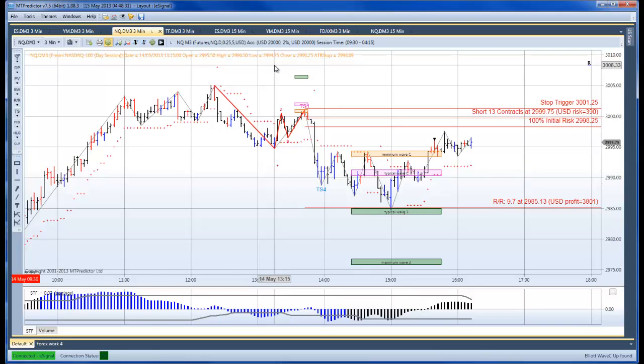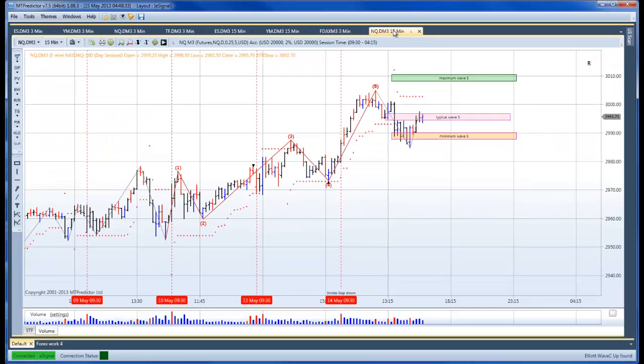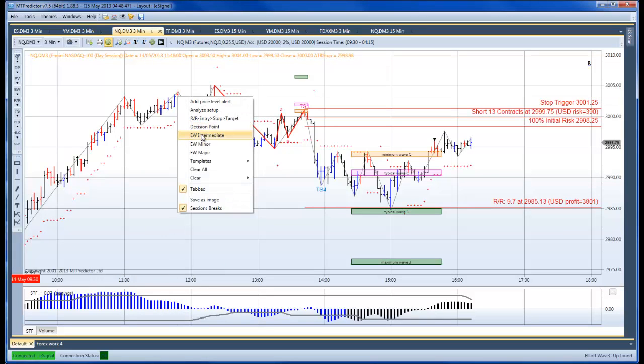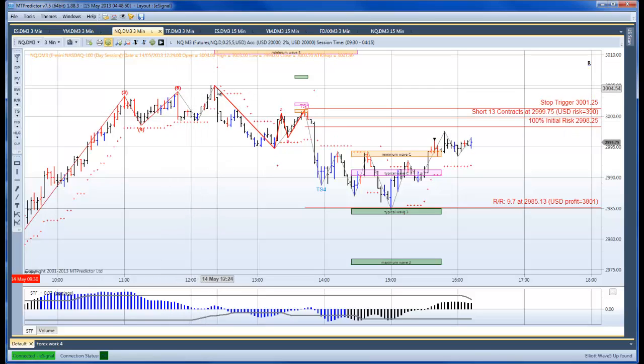But for those of you who are experienced, can you see how, because we were coming into a wave 5 high on the 15-minute chart, and then also that last swing up into the high, the wave 5 itself, subdivided into a wave 5 swing as we've already seen back here, even though this swing here was quite choppy, what we were doing was looking for the initial decline, the initial correction, to unfold as an ABC. So this was a good trade setup yesterday, but again I will say it's for the more experienced and more advanced MT Predictor users among you.